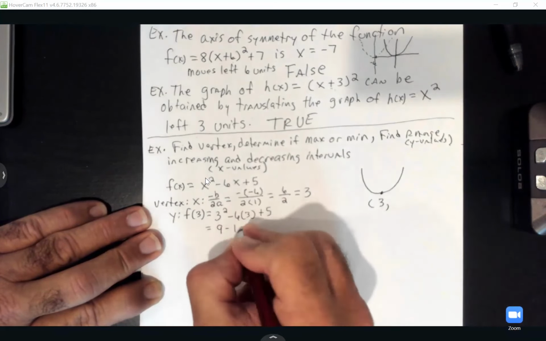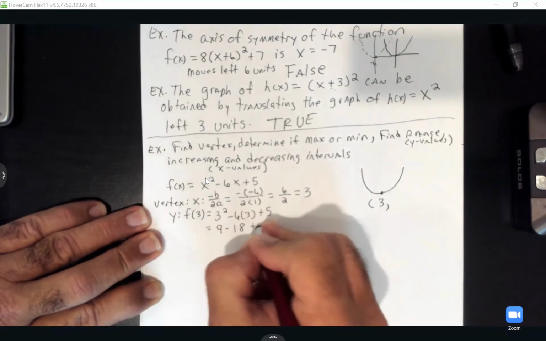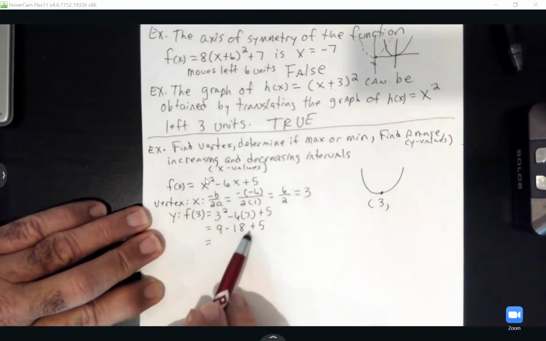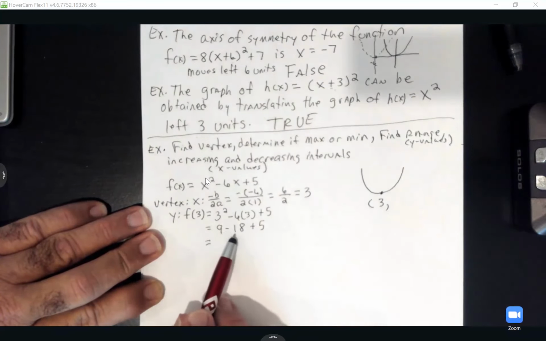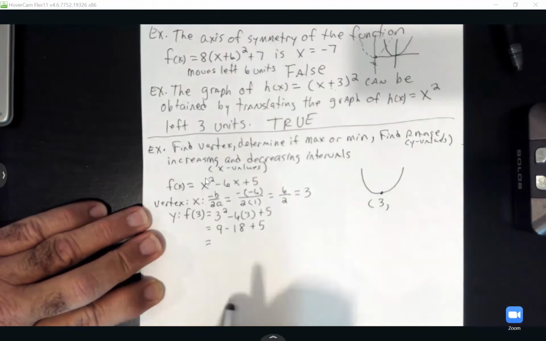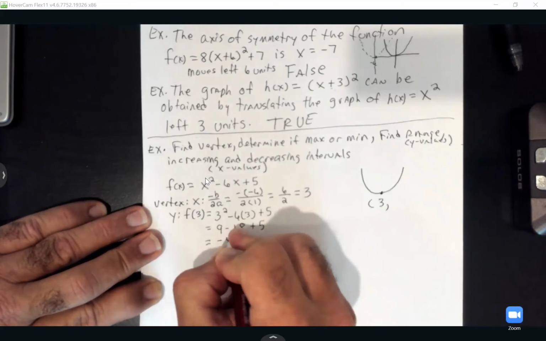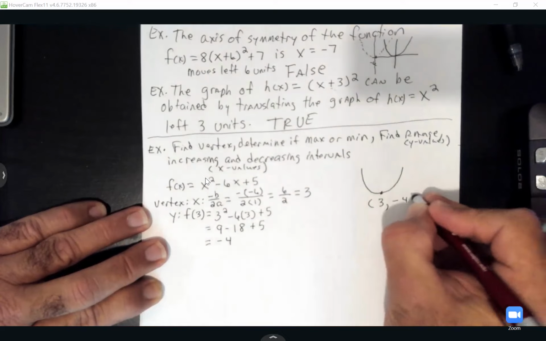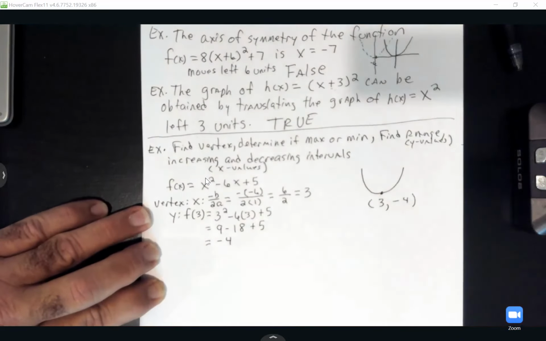Minus 6 times 3 is 18 plus 5. So see, once again, that second number is twice as big as the first and opposite in sign. So 9 minus 18 is a -9. -9 plus 5 is a -4. So my vertex is 3, -4.